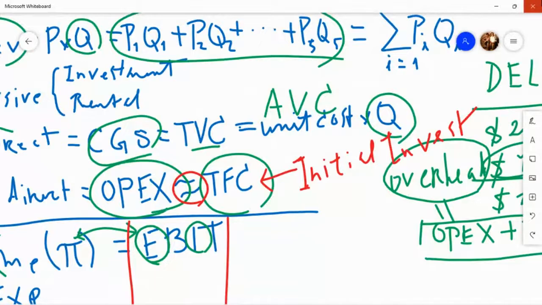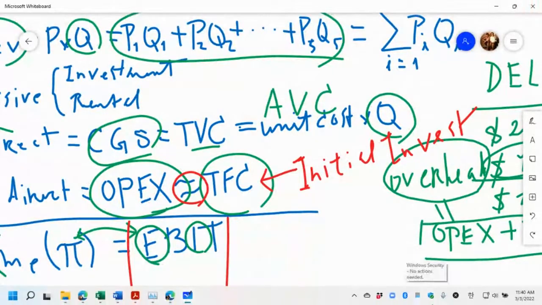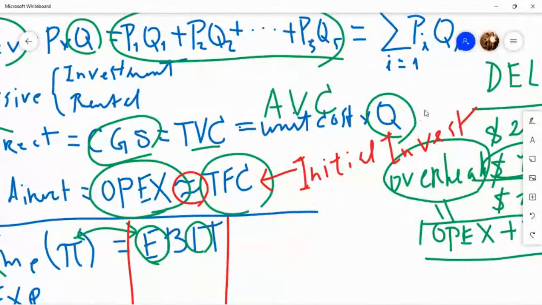They probably started out with like a $10 million plant. Now think about it. The size of the plant is determined by the size of the capital. Isn't that right?